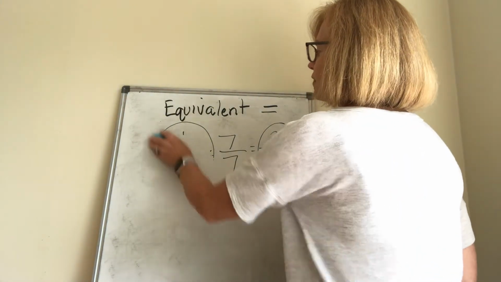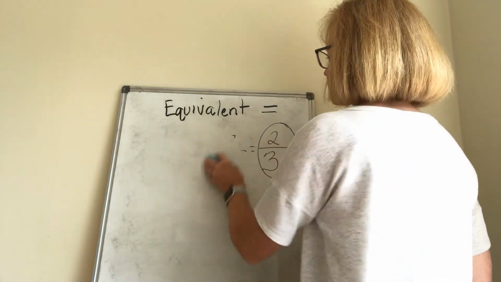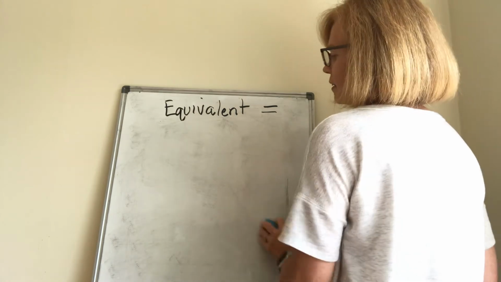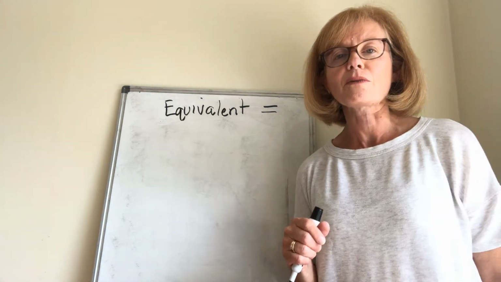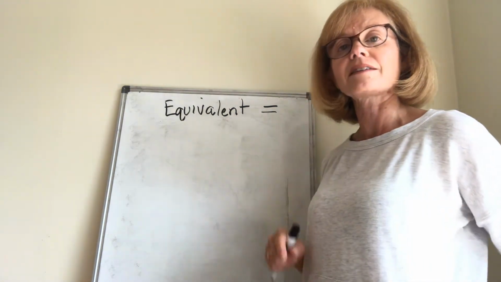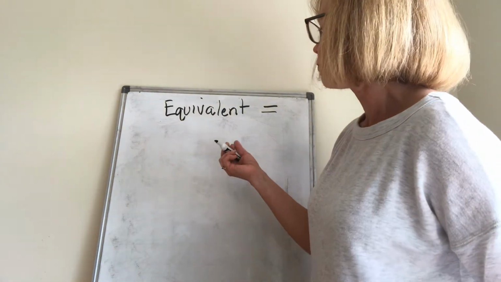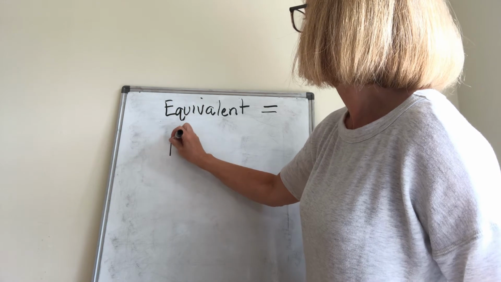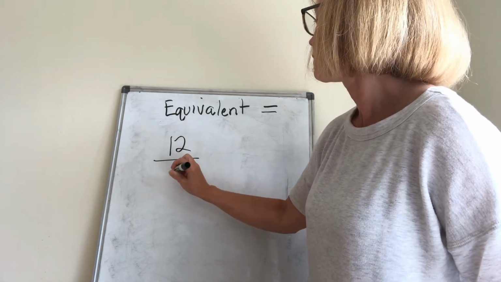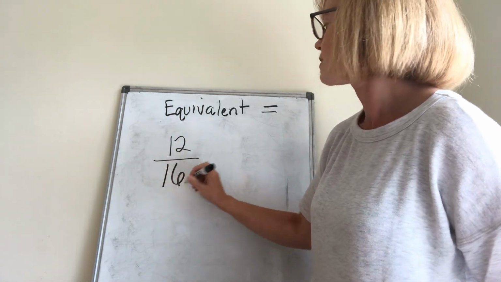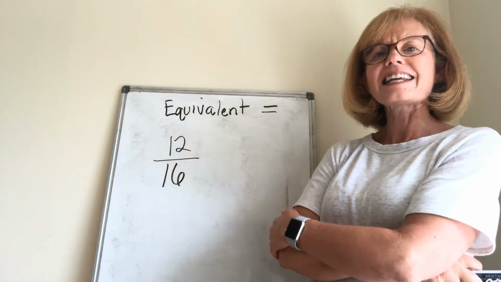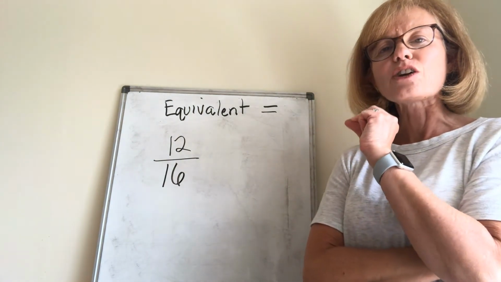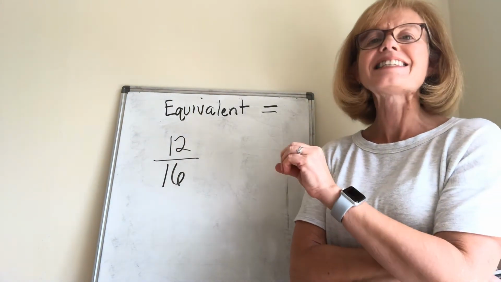All right, so let's see if you can try this out. Let's see if you get this. If you have a piece of paper at home, you might want to try this out, or maybe you can do it mentally in your head. What if we were to have 12/16? Could you find an equivalent fraction by simplifying?